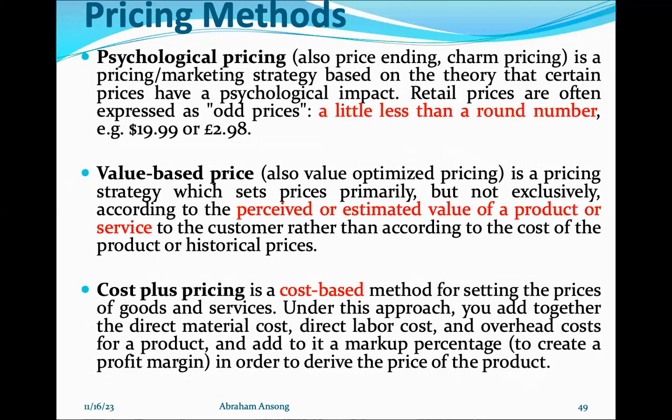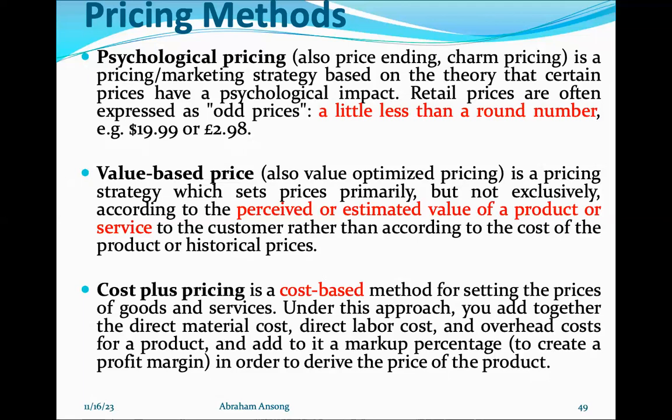So it's a pricing or marketing strategy based on the theory that certain prices have a psychological impact, right? So retail prices are often expressed as odd prices, so a little less than a round number. So instead of selling something at $20, it is being sold at $19.99. So $19.99. Psychologically, your mind picks the 19. Your mind easily picks the 19 and forgets about the 0.99, but in actual sense, it's as good as $20.